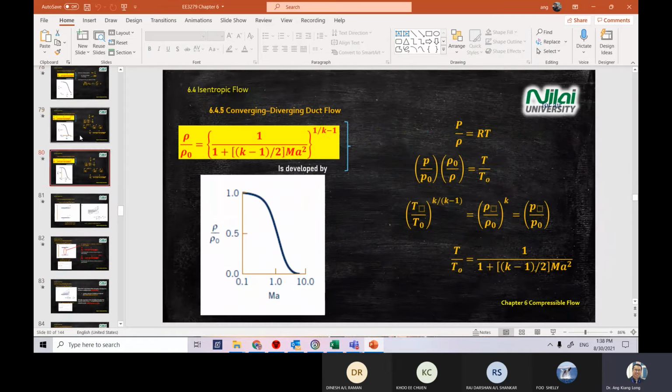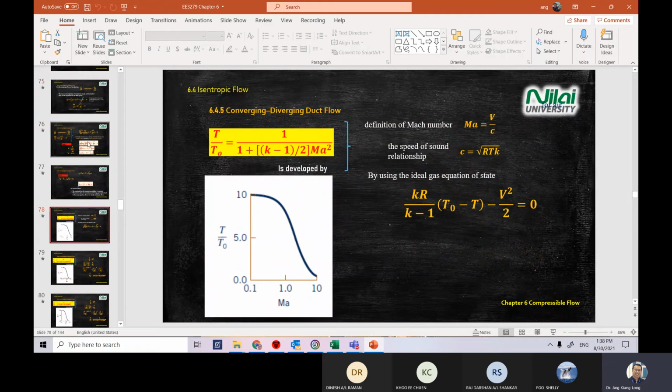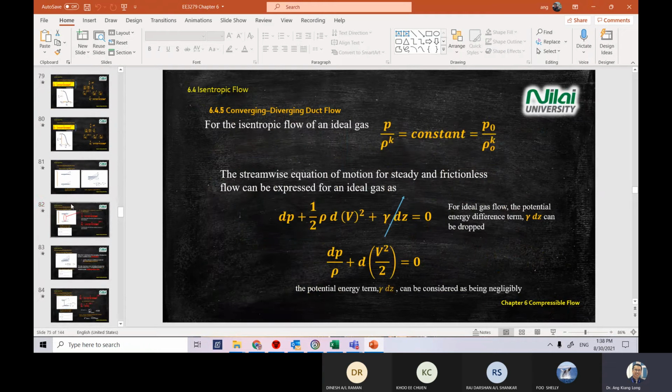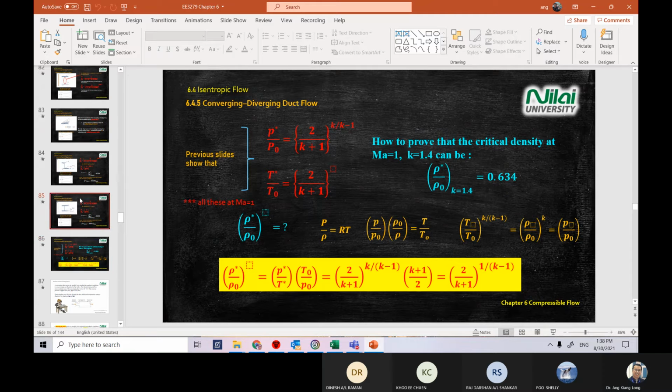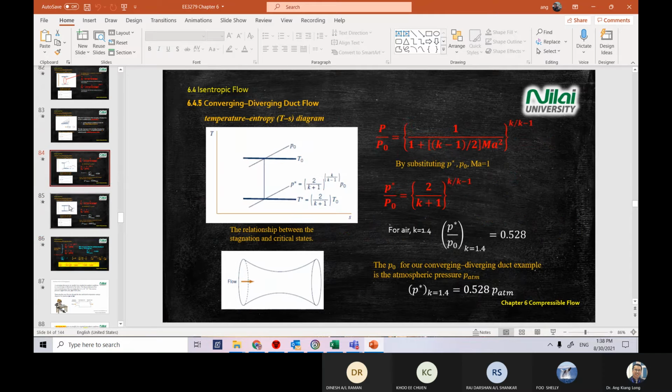You go back to my slides and read through. The slides explain this. So go and read the slides. For air, K 1.4, P star over P naught equals 0.58.